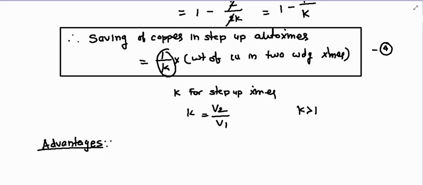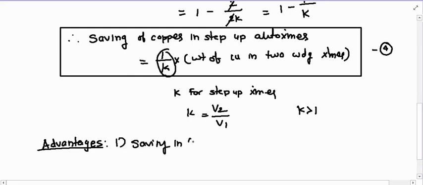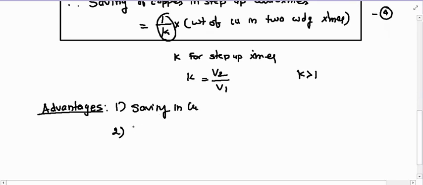The saving of copper increases as the transformation ratio approaches unity. Also, the resistance and leakage reactance of auto transformer will be less because only one winding we are using. So the regulation will be better. First advantage, saving in copper. Second advantage, as resistance and leakage reactance is less, regulation is better.